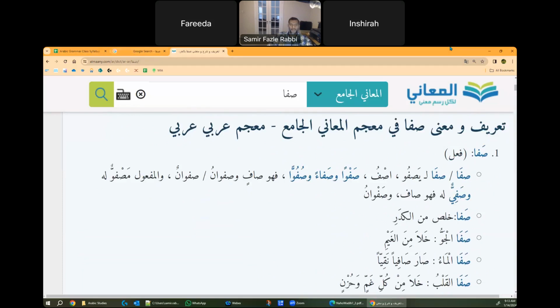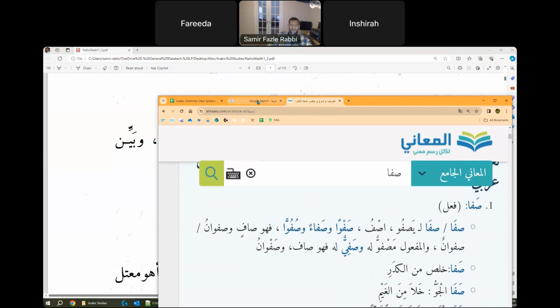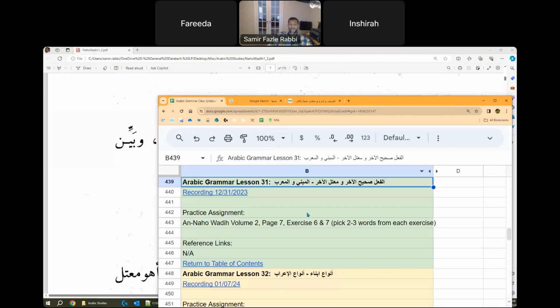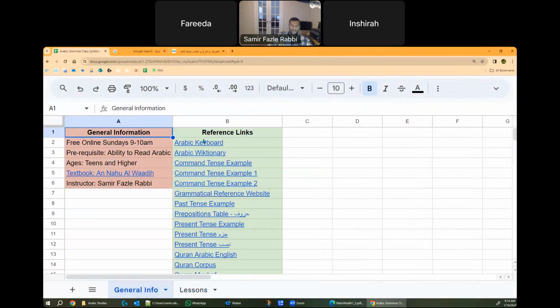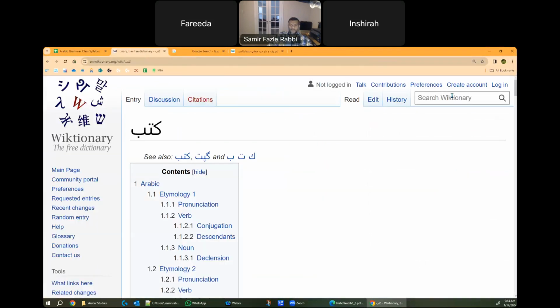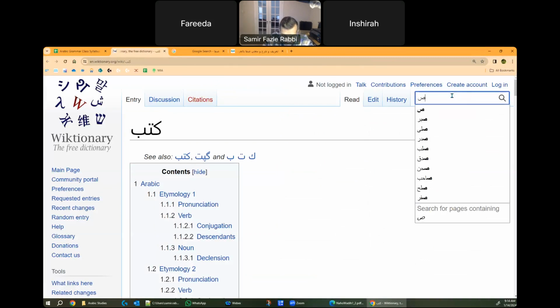So this is what you could do, is you could go to something like this, or this first one. Wiktionary is really good. That's what I typically like to use, which is this one right here. This is my favorite one, because they did a very good job here.